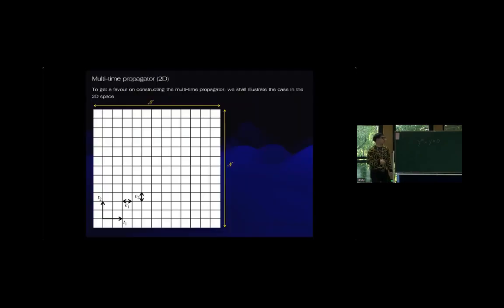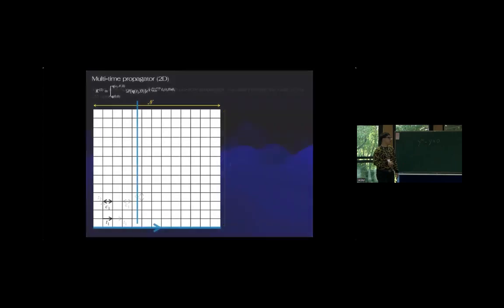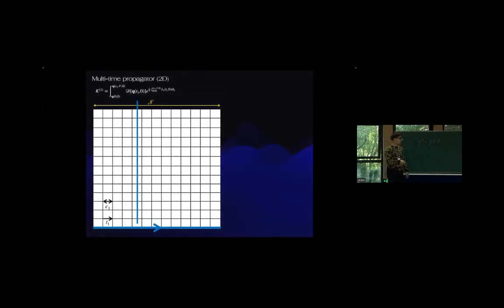So we start with the 2D space here. It's G1, G2, right here. And so we say that if we consider the horizontal part here, we can write a propagator in this way. We can do the same for the vertical part here.